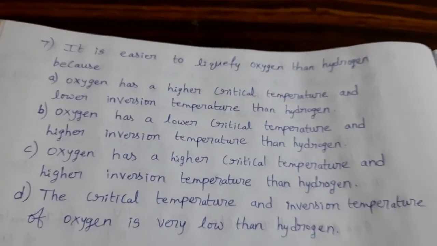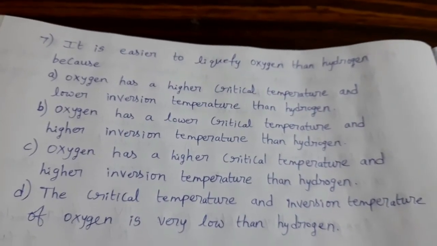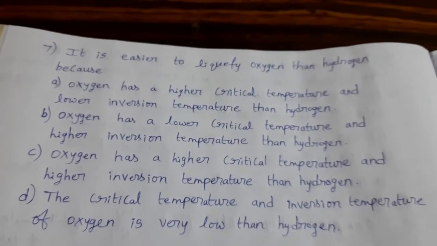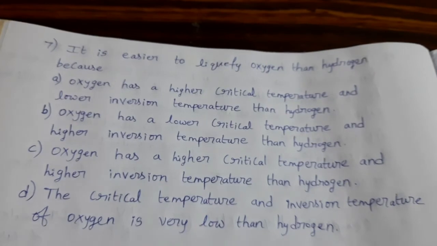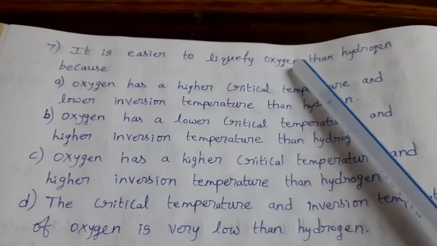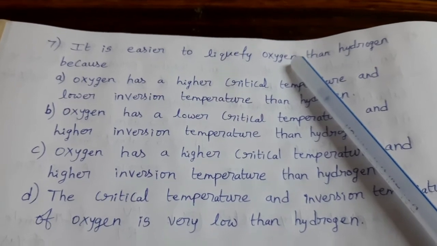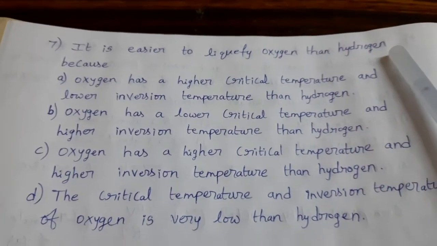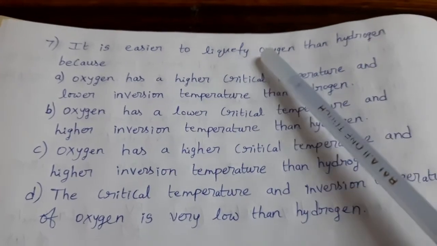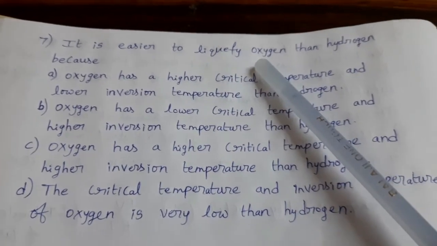If a gas has higher critical temperature, then it can be easily liquefied compared to other gas which has lower critical temperature. Now, oxygen critical temperature is more and hydrogen critical temperature is less. That's why compared to hydrogen, oxygen can be liquefied easily.